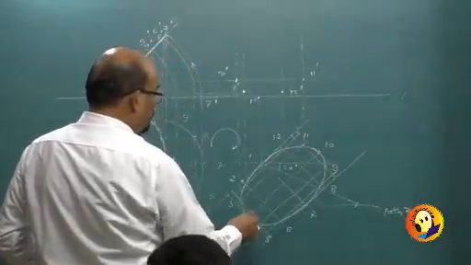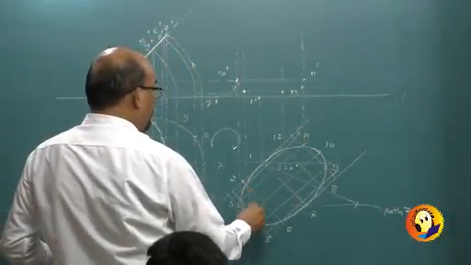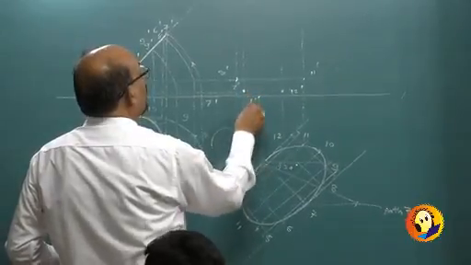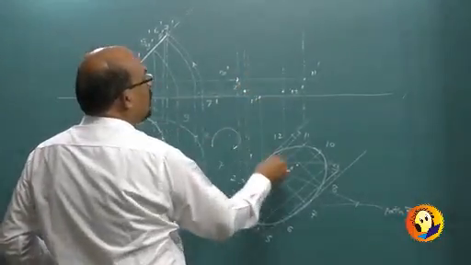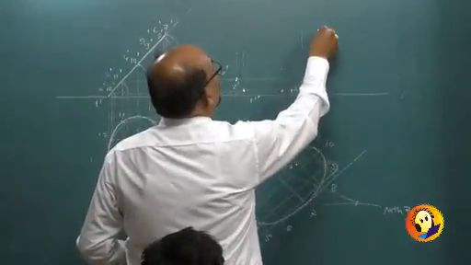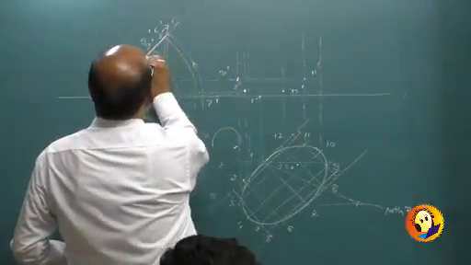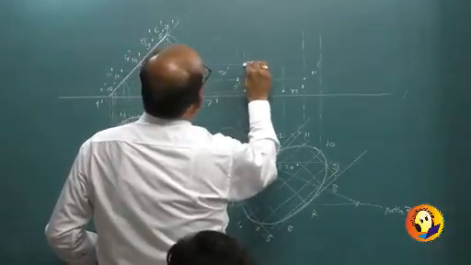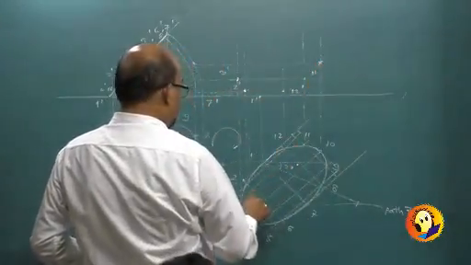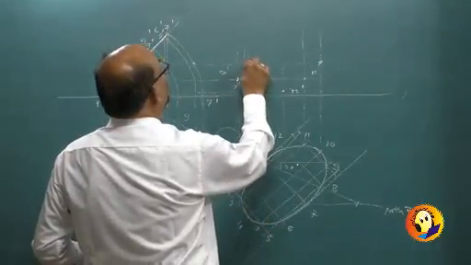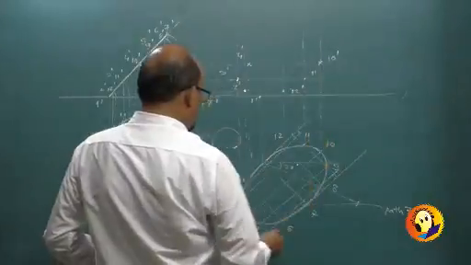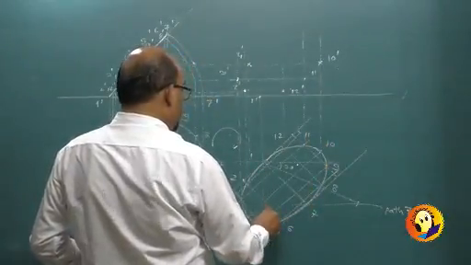dash. Then point 4, and point 10. 4 and 10 will be here. Point 10 and point 4. Then point 5.